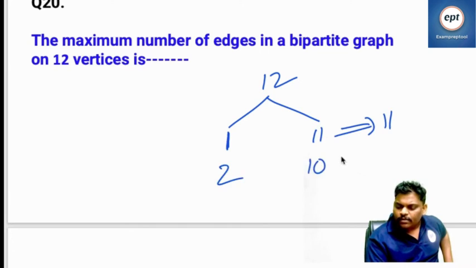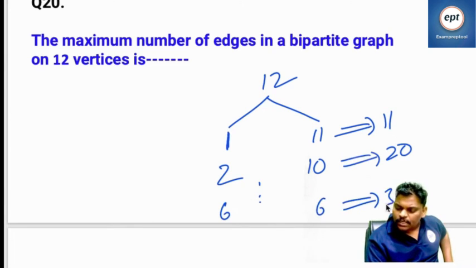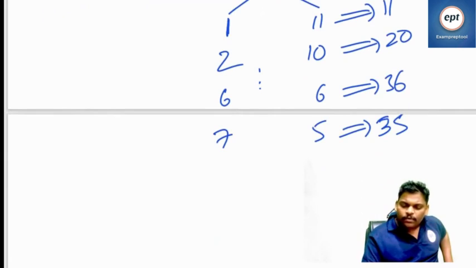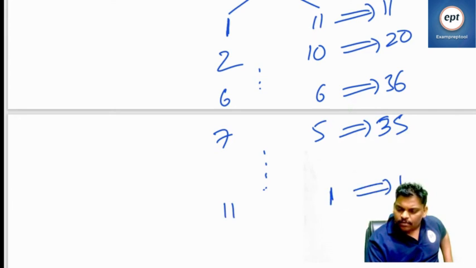2 here, 10 there, the number of edges is 20. 6 here, 6 there, the number of edges is 36. 7 here, 5 there, 35, and so on. Lastly, 11 here, 1 there.